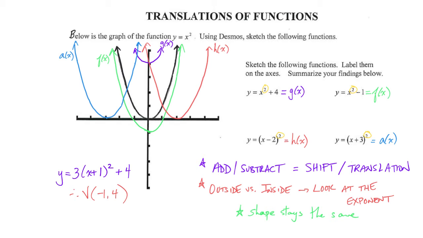That when I see that +1 on the inside, I have to recognize that what that does is it actually shifts my graph to the left 1. That when I saw that +4 on the end, I have to recognize that that shifts my graph up 4.